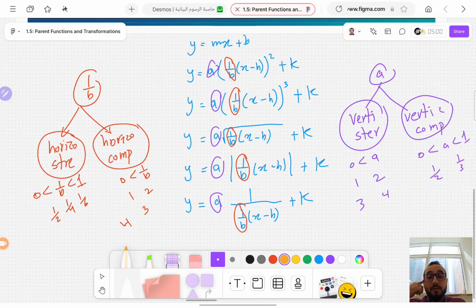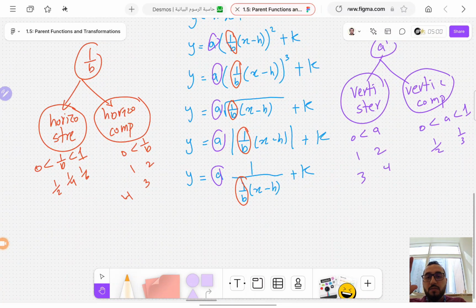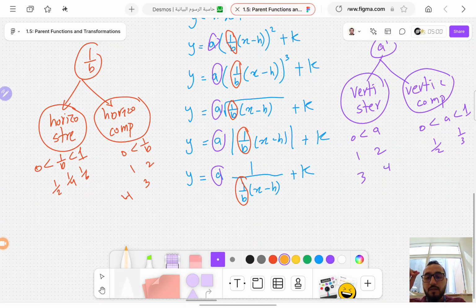Maybe someone will ask me, how do I know if 1 over b is given or not? I will give you just one example, but don't generalize it to everything. When you have any number next to the x, something like 2x minus 6, there is a common factor between 2x and 6. Factoring gives 2 times x minus 3. So as you can see, we got the 1 over b.